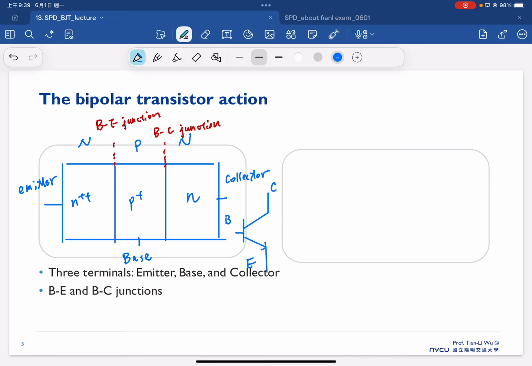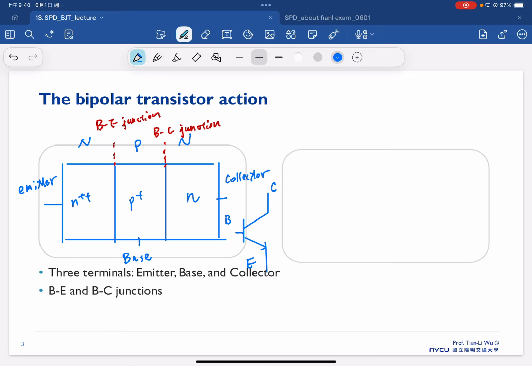This is a circuit symbol that you probably already learned in basic electronics when we introduced the typical circuit operation of the BJT. So we will use this circuit symbol to represent an NPN BJT.